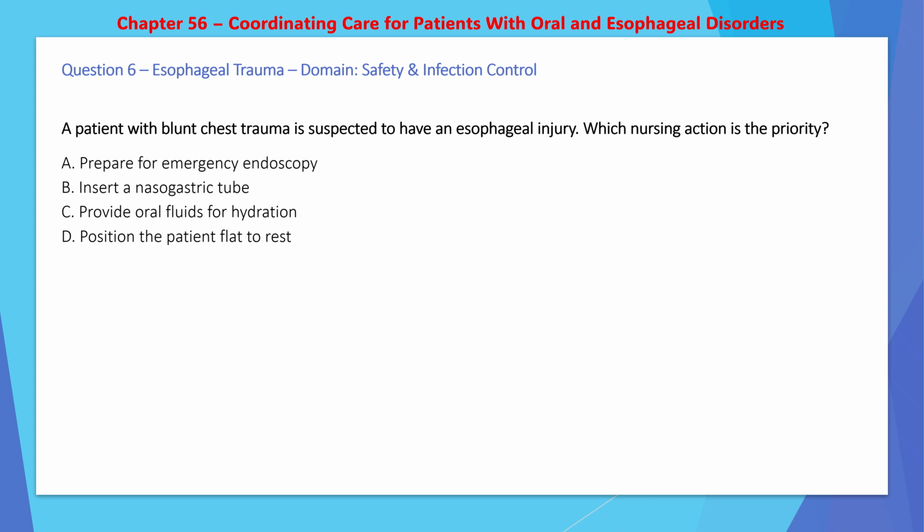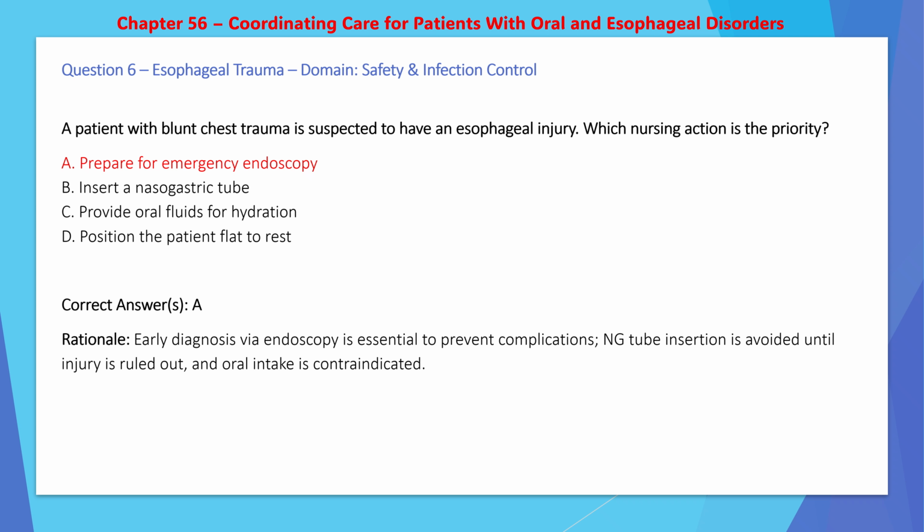D. Position the patient flat to rest. Correct answer is prepare for emergency endoscopy, because early diagnosis via endoscopy is essential to prevent complications. NG tube insertion is avoided until injury is ruled out, and oral intake is contraindicated.